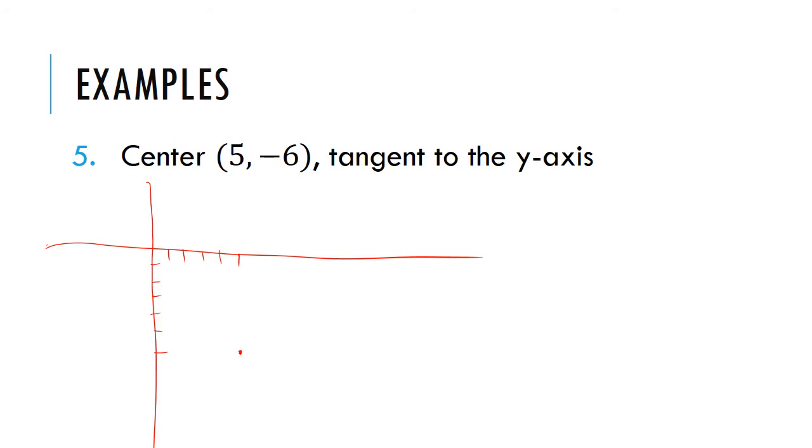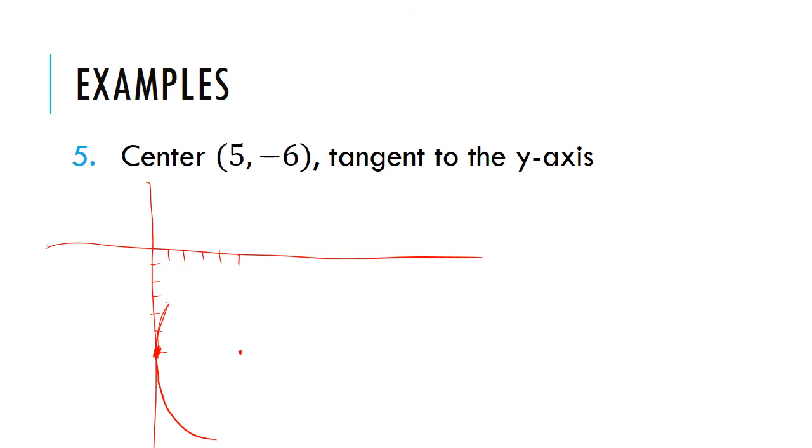When we say tangent, it intersects the y-axis at only one point. And there is only one way where the circle could be tangent to the y-axis. So it is just here, like this. I won't complete the circle, but that is what it looks like. Tangent to the y-axis: it touches the y-axis at one point.